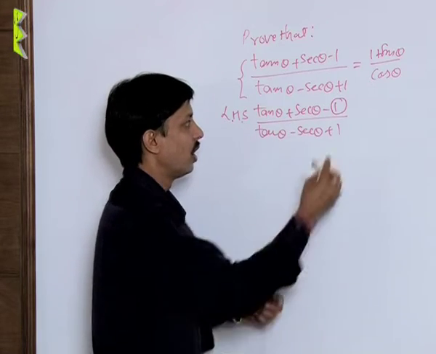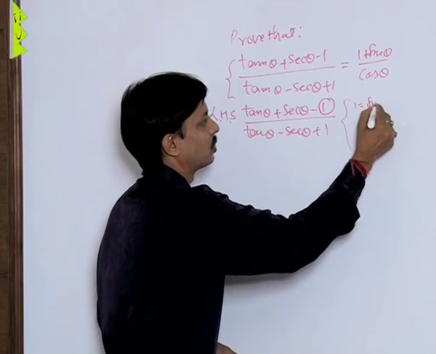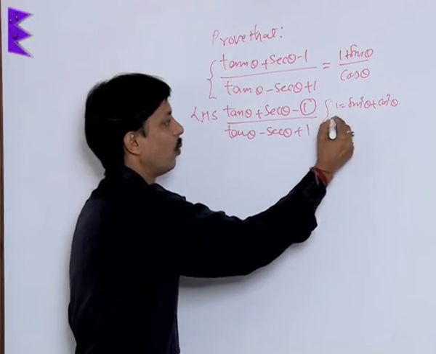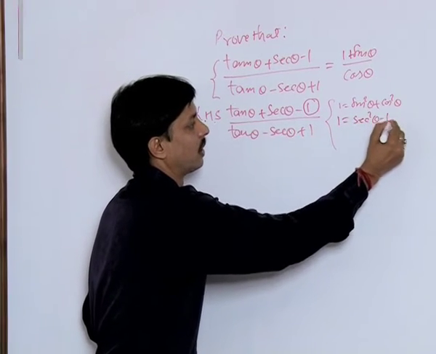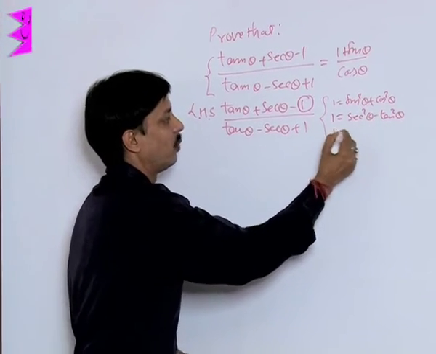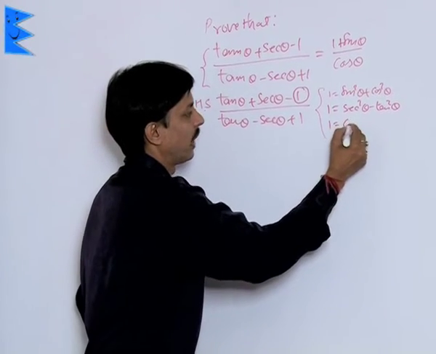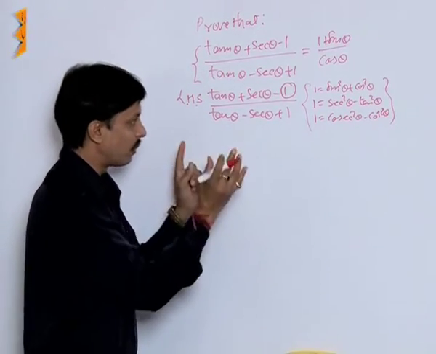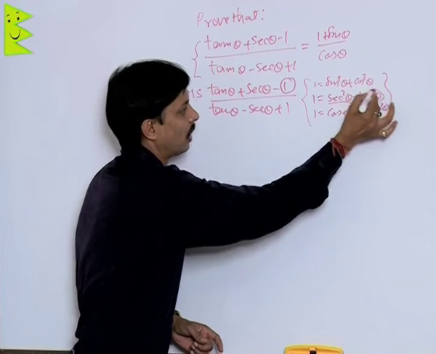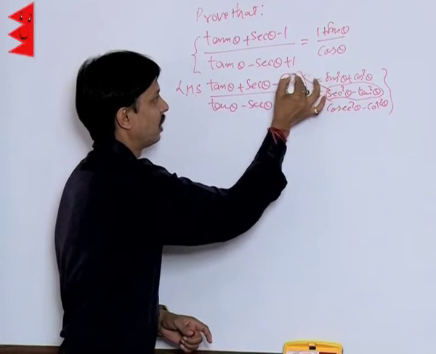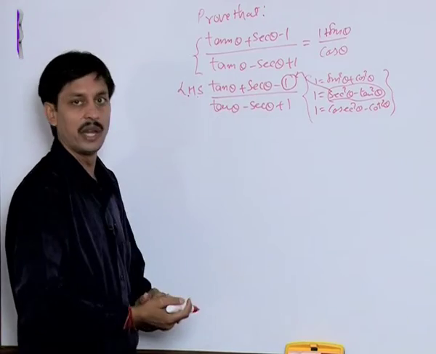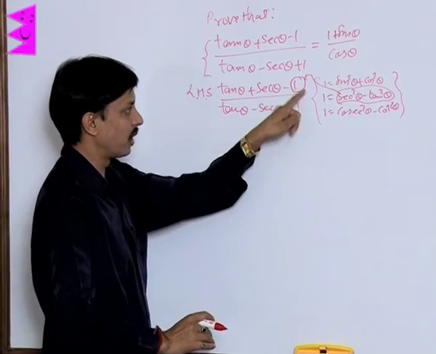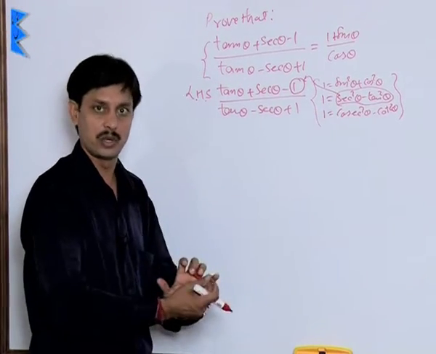In place of 1 we can write 1 is equal to sin square theta plus cos square theta. The second one can be written as sec square theta minus tan square theta, and 1 can also be replaced by cosec square theta minus cot square theta. Now the most appropriate value to substitute in place of 1 in the numerator of the left hand side is sec square theta minus tan square theta. In place of this 1 we will write sec square theta minus tan square theta.